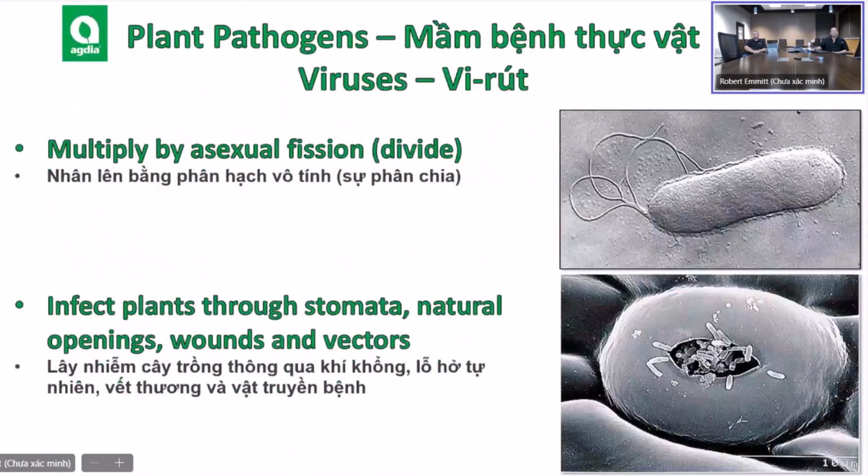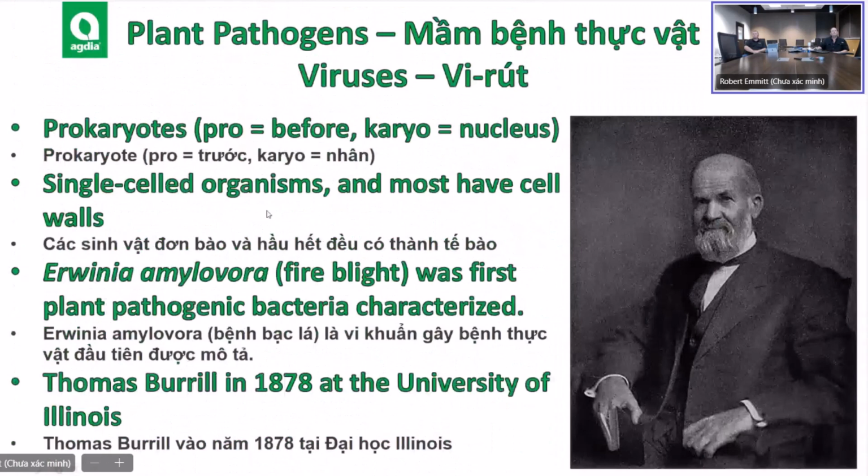Now, the first bacterial pathogen to be characterized was Erwinia amylovora, which causes fire blight on apple and pear. And it was first characterized by this gentleman here, Thomas Burrill, in 1878 at the University of Illinois. So once again, these are bacteria, not viruses on this one.